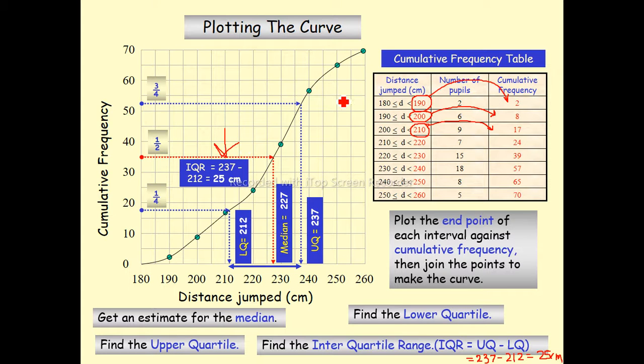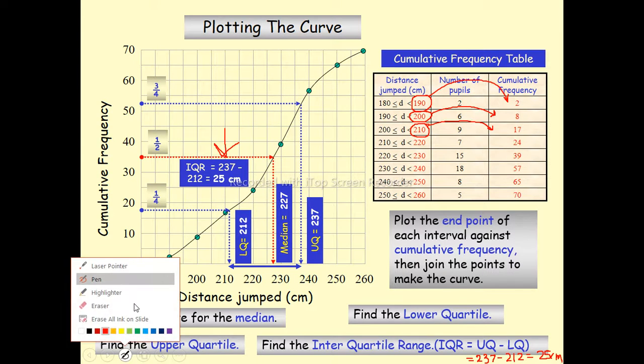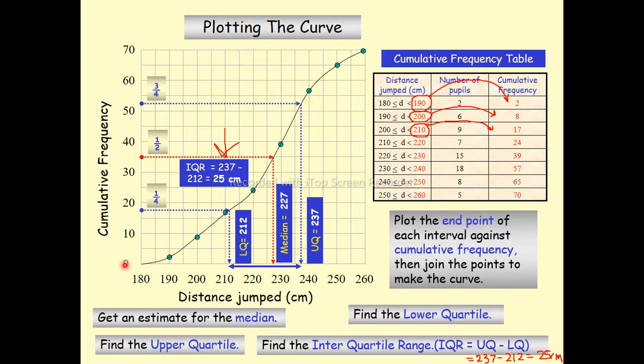For example, if you're trying to find the normal jump for the students in your class, you wouldn't look at these extreme jumps: this one got 240, this one got 250, this one got 237, this one got 200, this one got 190.